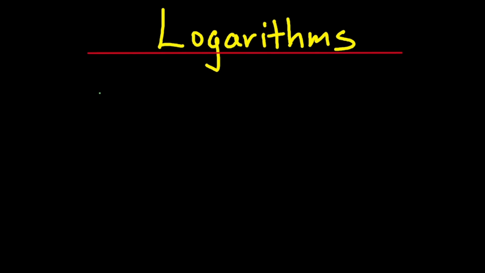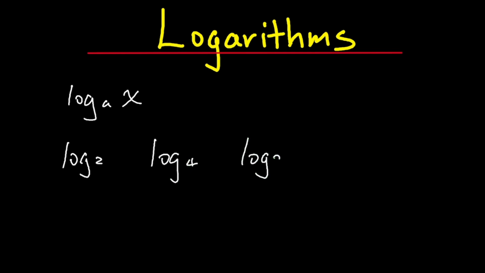This log law goes like this. If we have log a (x), and we want to change it to a different base, oftentimes you're going to get logs in base 2, base 4, base 8.